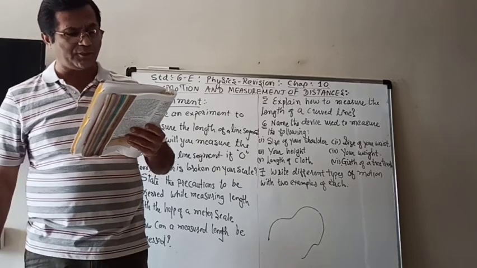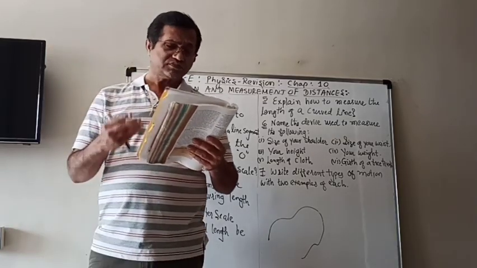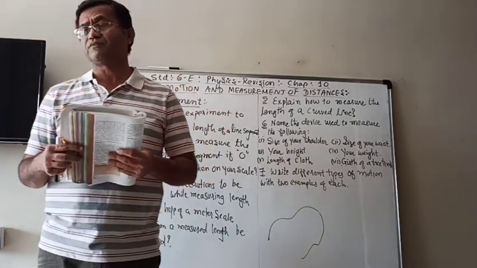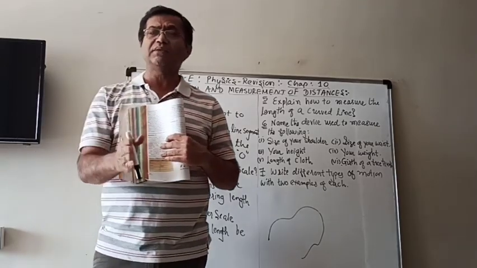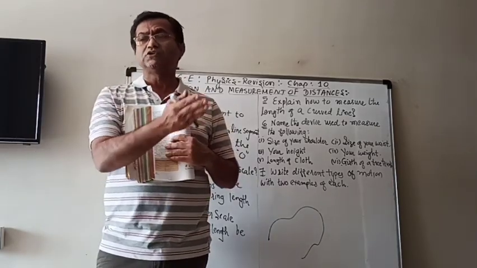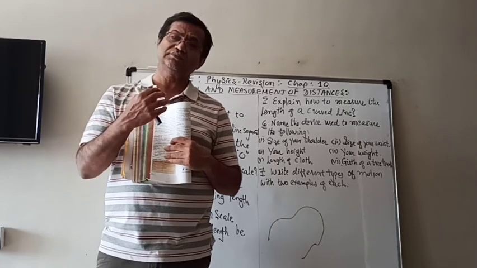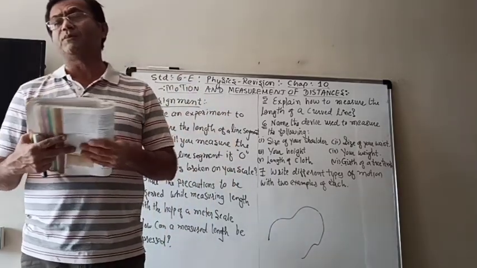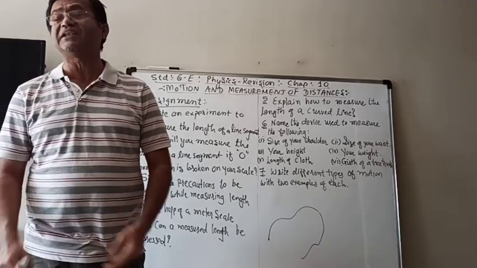Then the other type of motion is oscillatory motion. Oscillatory motion means that from the mean position they move to and fro, or back and forth. That type of motion is known as oscillatory motion.